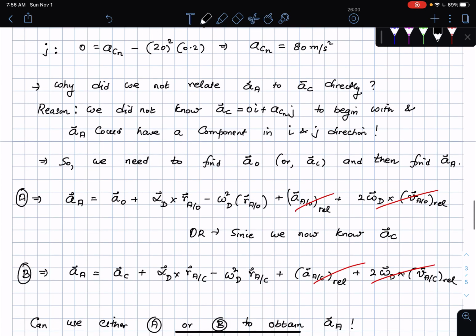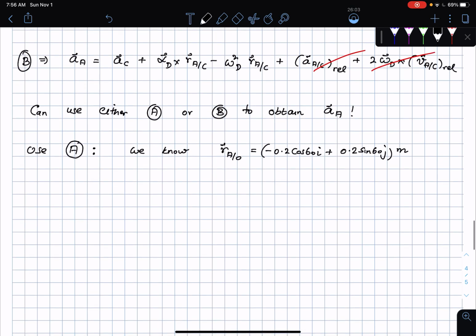Alright, and then I go ahead and pull it into the expression. So acceleration of A is acceleration of O, which I found as minus 1 i, and then alpha is 5 k crossed with that term there, minus 0.2 cosine 60 i, 0.2 sine 60 j, minus omega square, which is 20 square, times that entire thing.